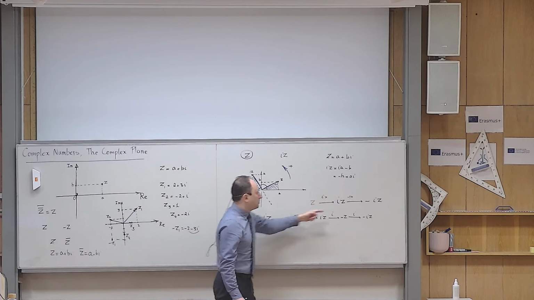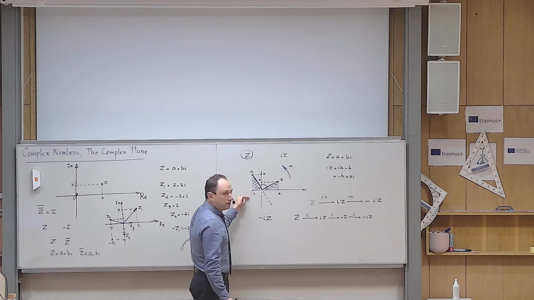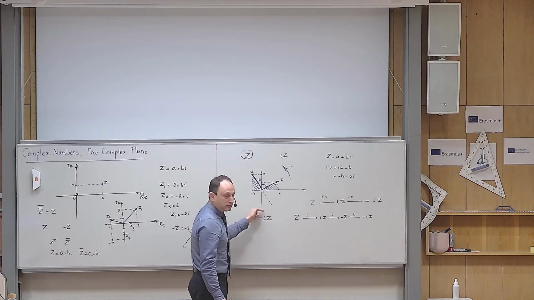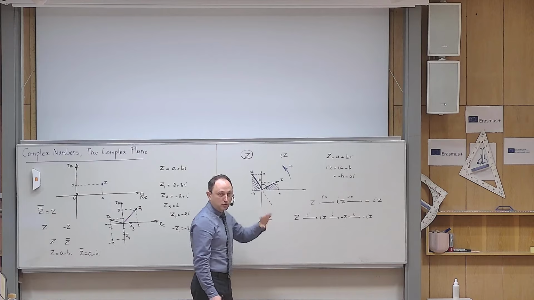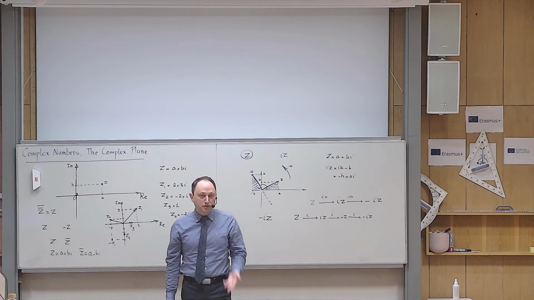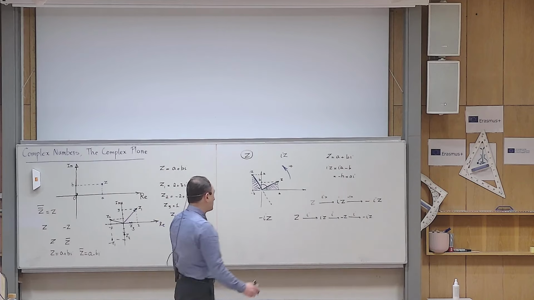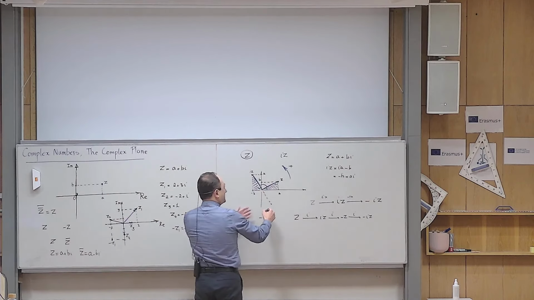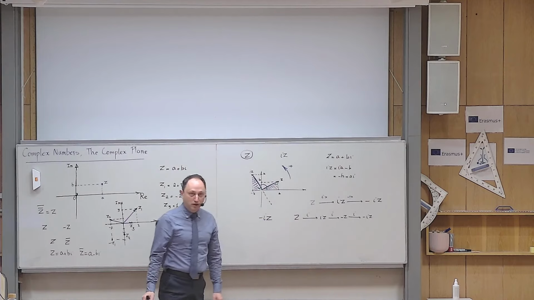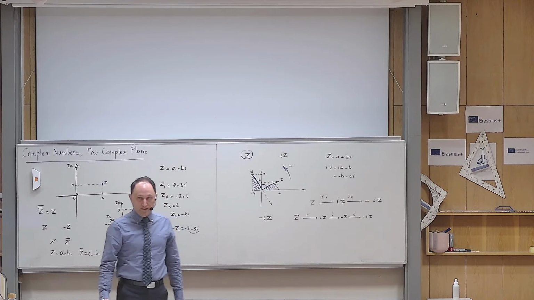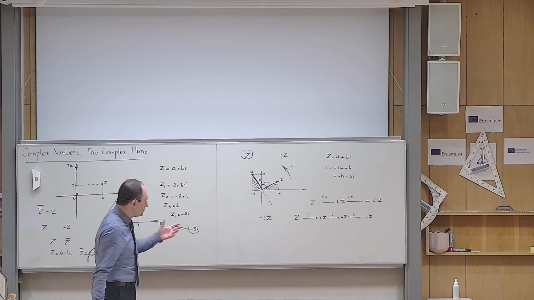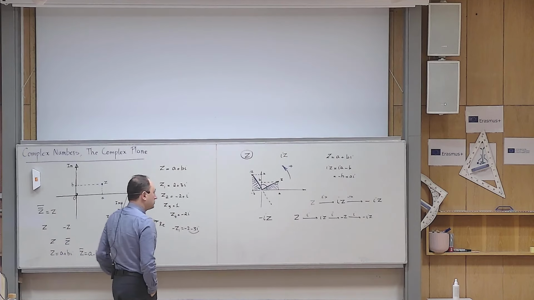And then if you multiply by another i, this point will be rotated counterclockwise 90 degrees. So in total, how many degrees have you rotated your original point? 270 degrees about the origin. And of course, it will be clear, this is the same as rotating in this direction minus 90 degrees. Yes? Is that clear? So these kinds of arguments are good to know about.